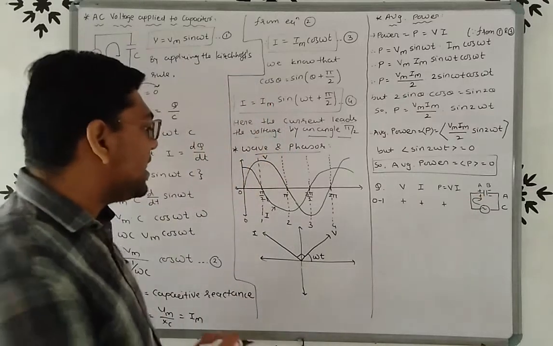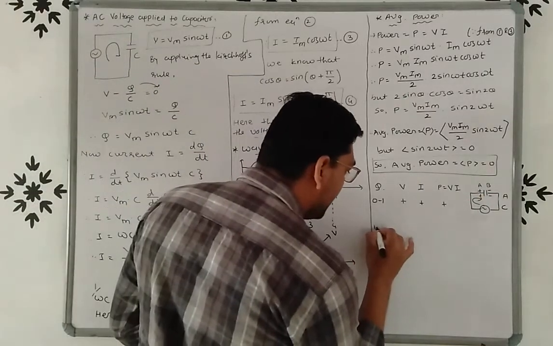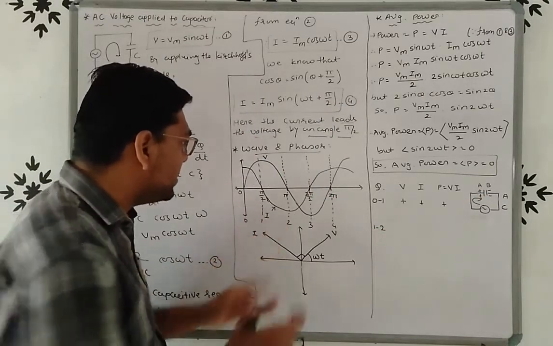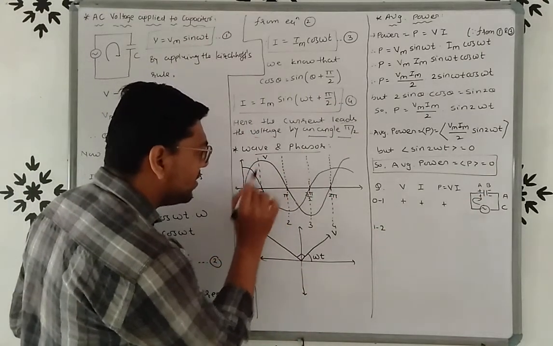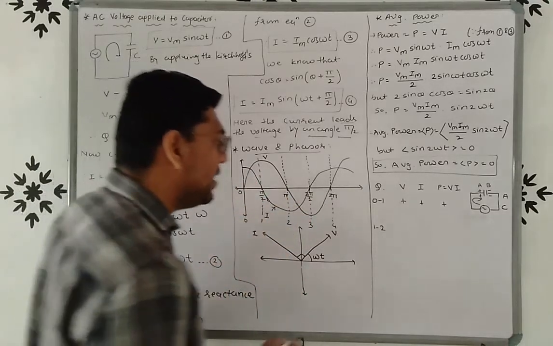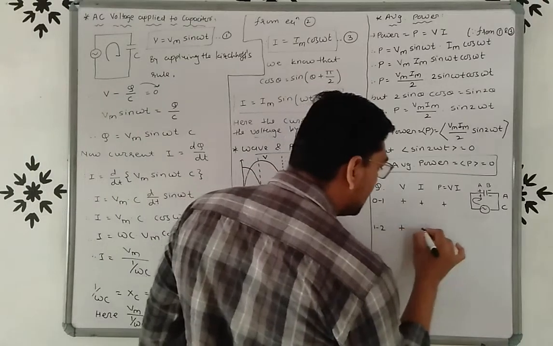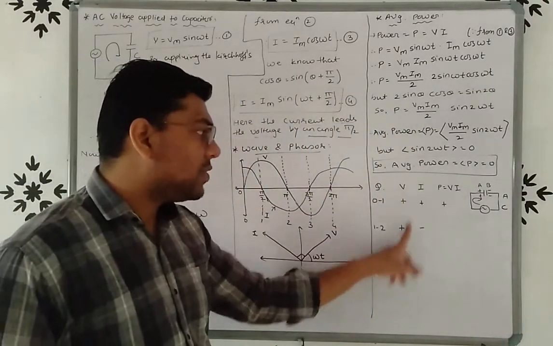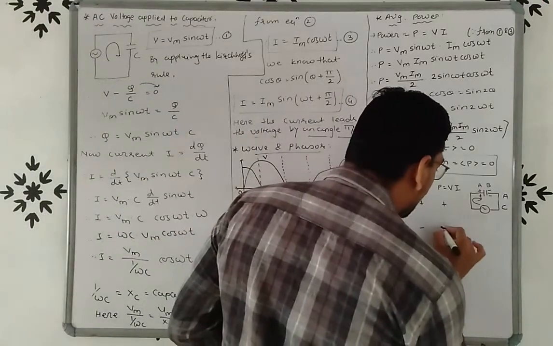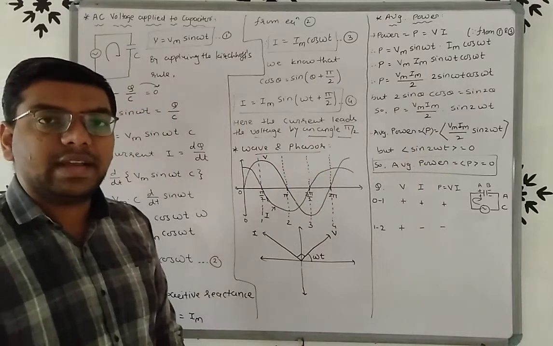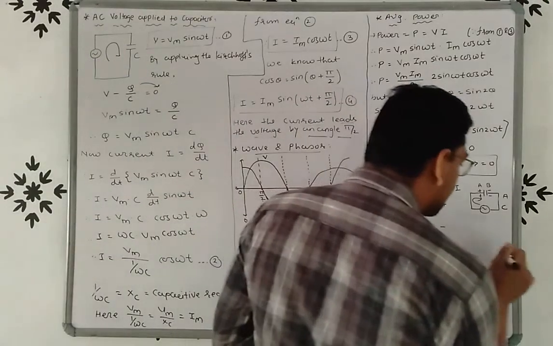Now the second quarter, from 1 to 2. Here you can see that the voltage is positive and the current is below the x-axis, so current is negative.